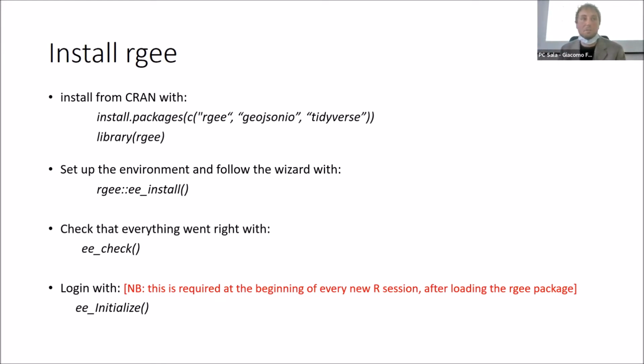Otherwise, it will not work. So make sure you're using the correct email address. And then it will generate a token, a code, and you will have to paste this token from the browser into RStudio, and then it will say, okay, it's activated.